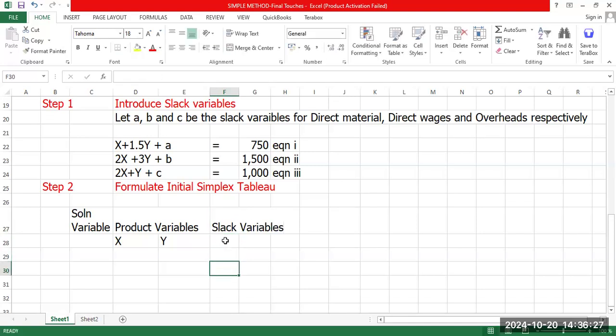And for slack variables, you have A, B, C. Then lastly, put column 4, solution quantity.